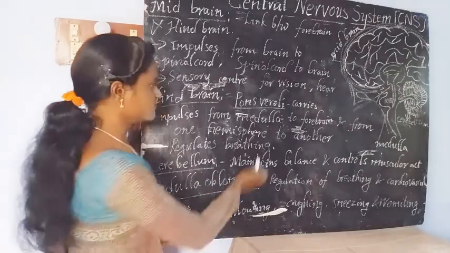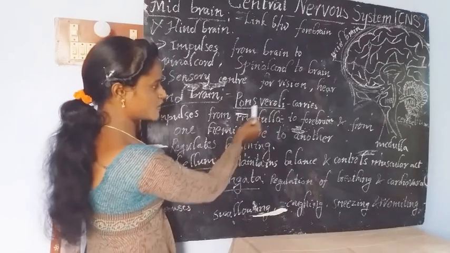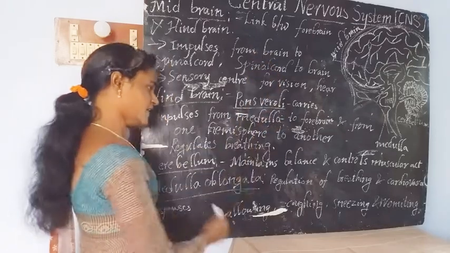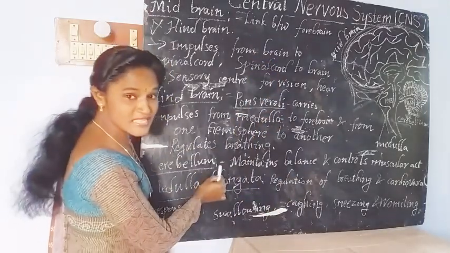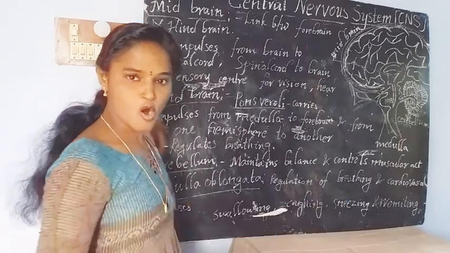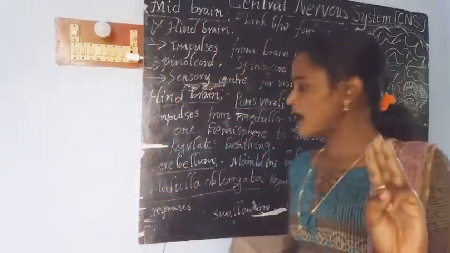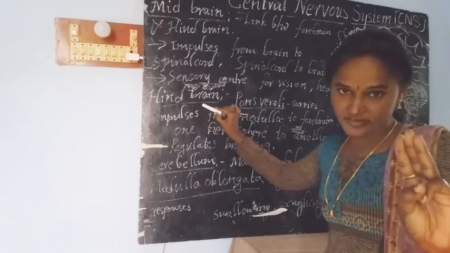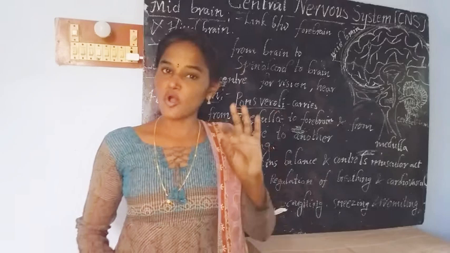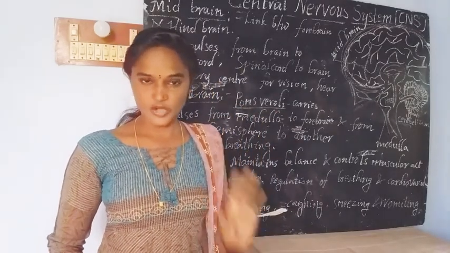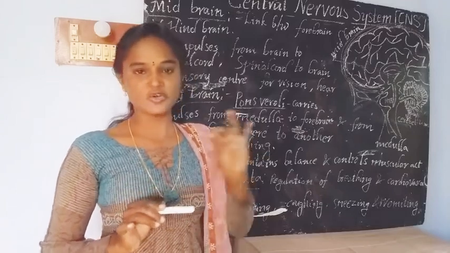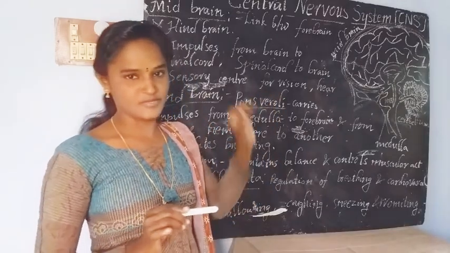In short, we call Pons Varolii as Pons. The second part is the Cerebellum, and the third is the Medulla Oblongata. These are the three parts of the hindbrain.